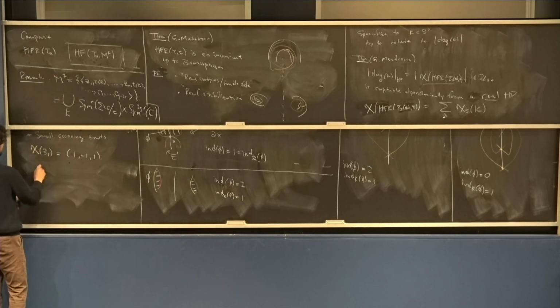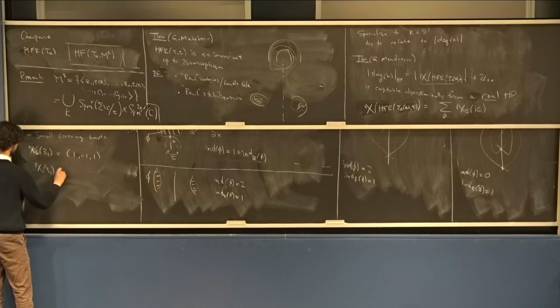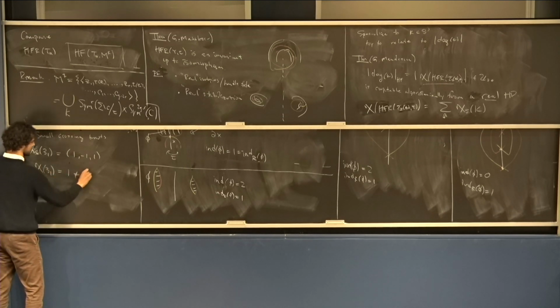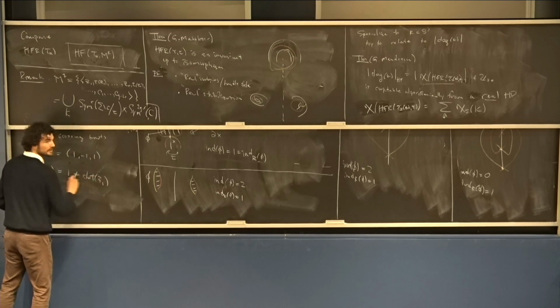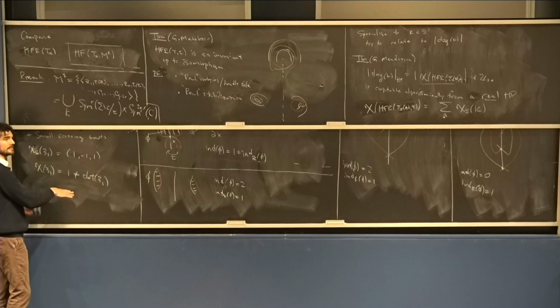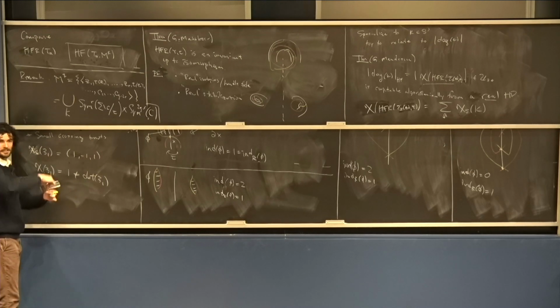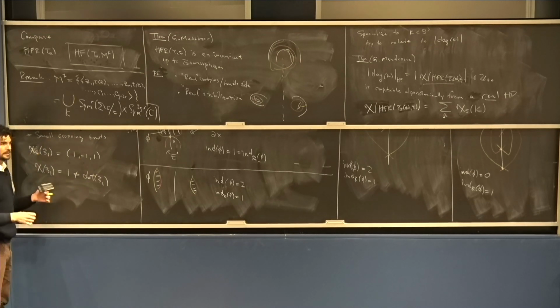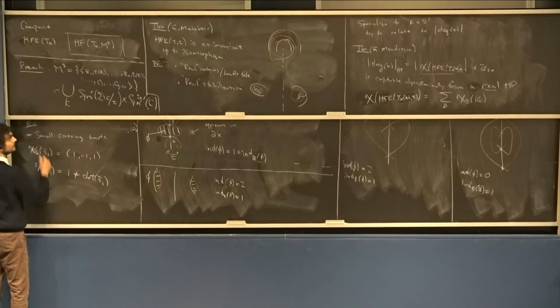And this is odd because χ_S is this tuple, and so the total Euler characteristic is 1, which is not the determinant of 3_1. The other thing that's weird is that in the usual Heegaard Floer context, the Euler characteristic is independent of the spin^c structure. Somehow you can drag the basepoint around on the diagram, but you're not allowed to do that in this case. You have to stay on the fixed set, so you don't have as much freedom.